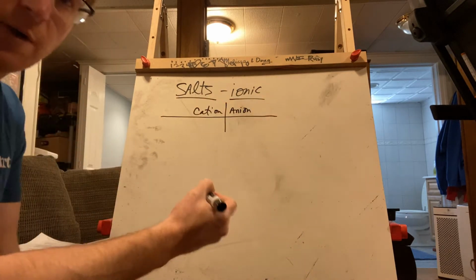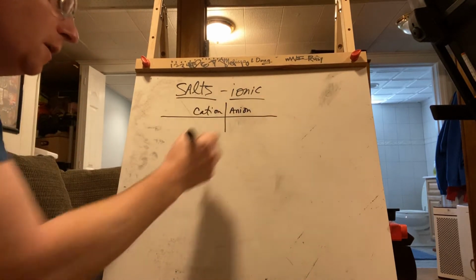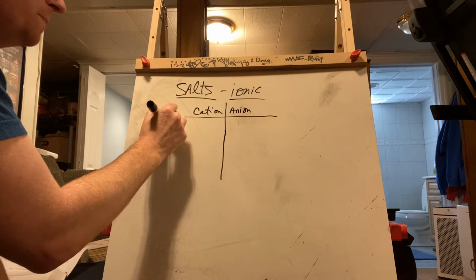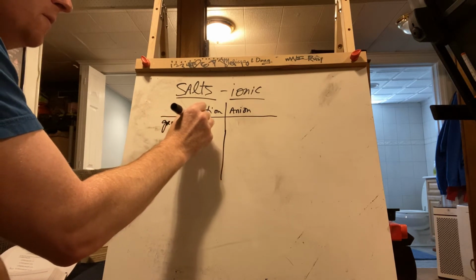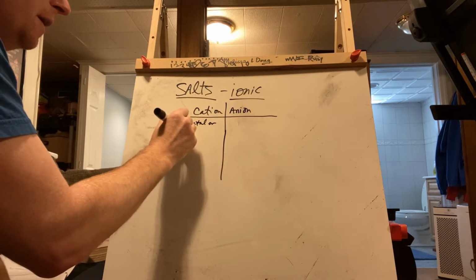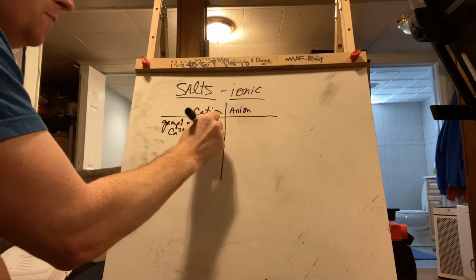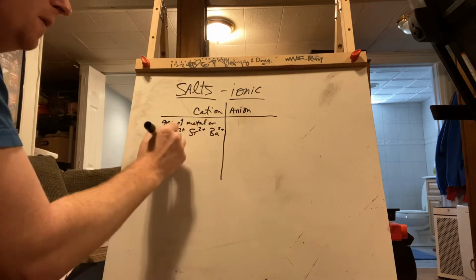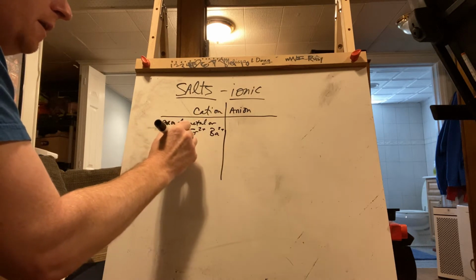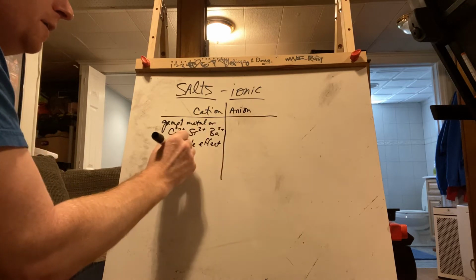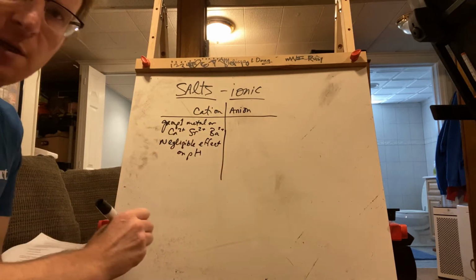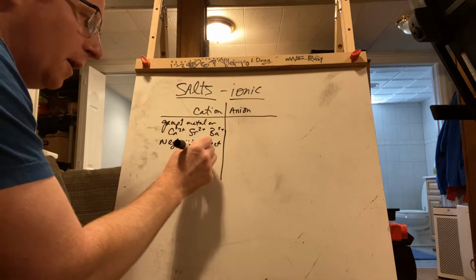And here's your easy rules. Okay, if you are a group 1 metal or calcium, strontium, or barium, they have a negligible effect on pH.